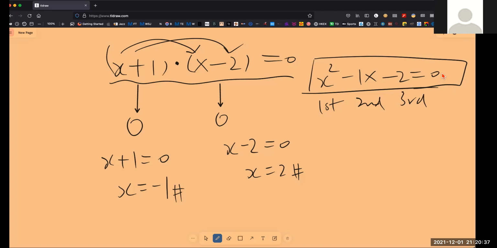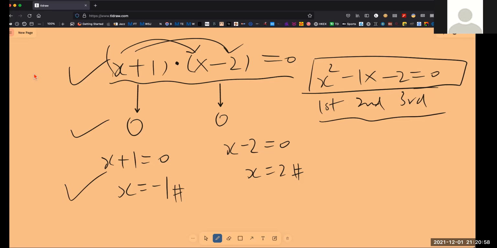You understand? So this is actually what you begin with, 3 terms, and then your job is to get it into this format. And once you get it into this format, you just equate both of them to 0, and then you can figure out the x.